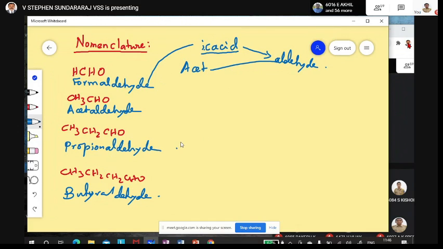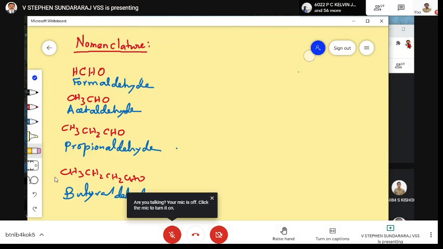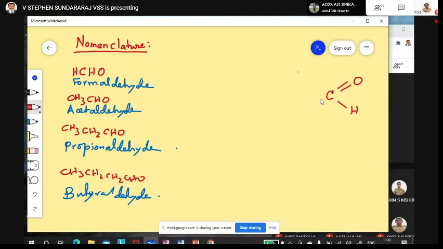Right, now the IUPAC name. What is the IUPAC name of the first one? You write down ethanal. No need to write 1-al for the higher numbers either, because I told you, whenever there is a CHO group, C double bond O and H, the total valency of carbon is 4.